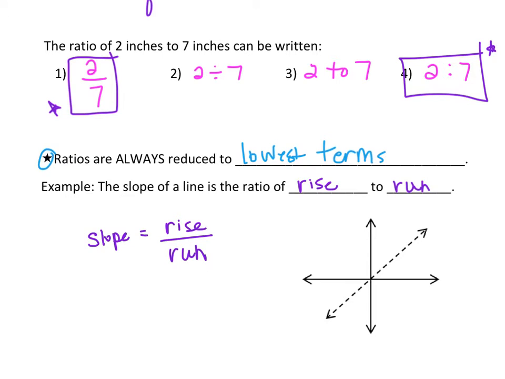There we are representing it as a fraction. And then let's say here's our slope, our rise, and our run. Let's say we went up 3 over 2. The rise would be 3, the run would be 2. And there's the ratio, which represents our slope.